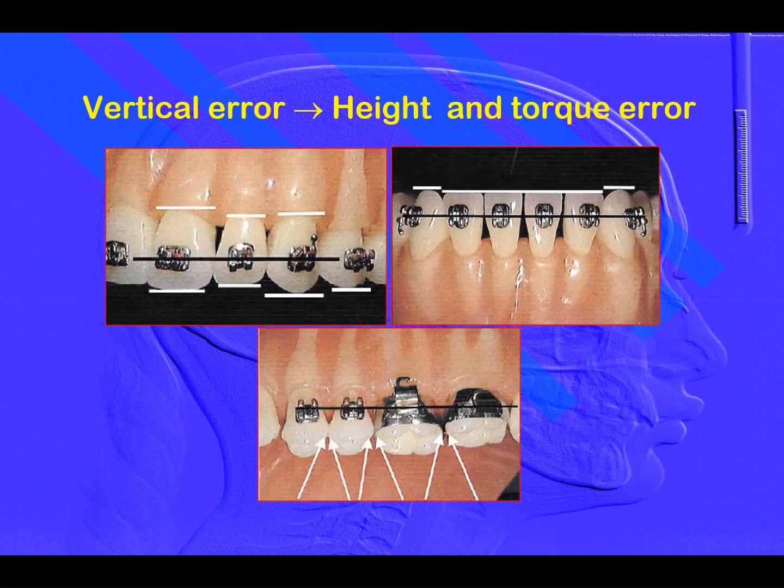Variations in the vertical position of brackets in pre-adjusted edgewise appliances affect not only the occlusogingival position of teeth but also the torque expression. Thus, vertical error in bracket placement will result in abnormal torque expression and marginal ridge relationship with adjacent teeth.